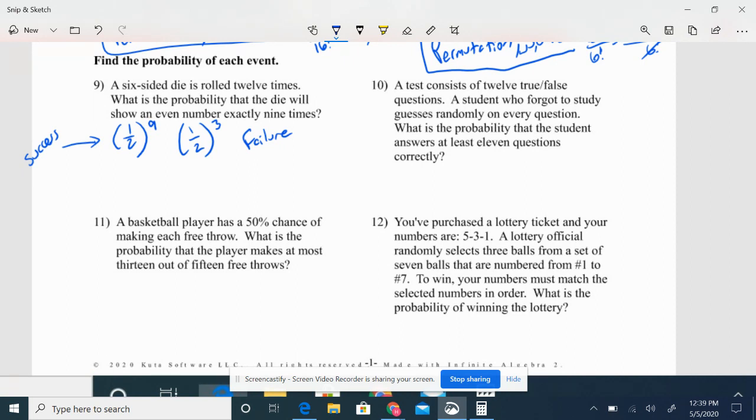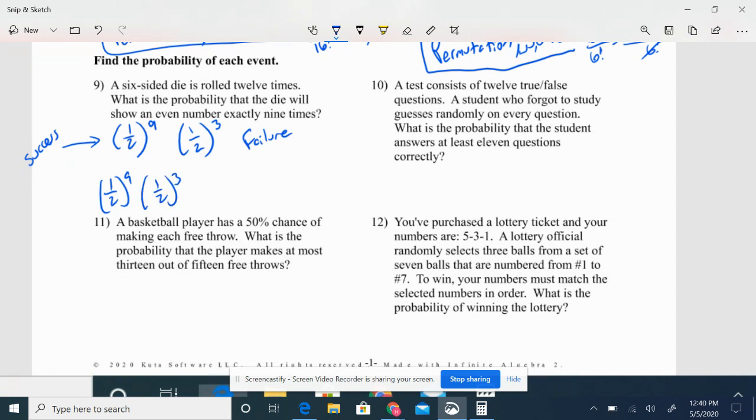On failure, the probability of failure is 1/2, and I do it to the 3rd because I'm going to fail 3 times. Because it says it will show an even number exactly 9 times out of 12. So that means I'm going to fail 3 times. So far I have 1/2 to the 9th times 1/2 to the 3rd.